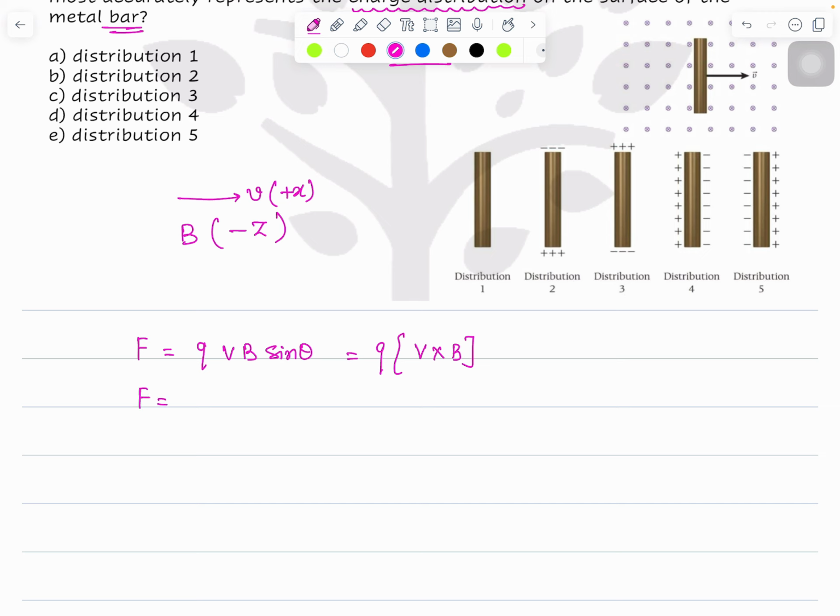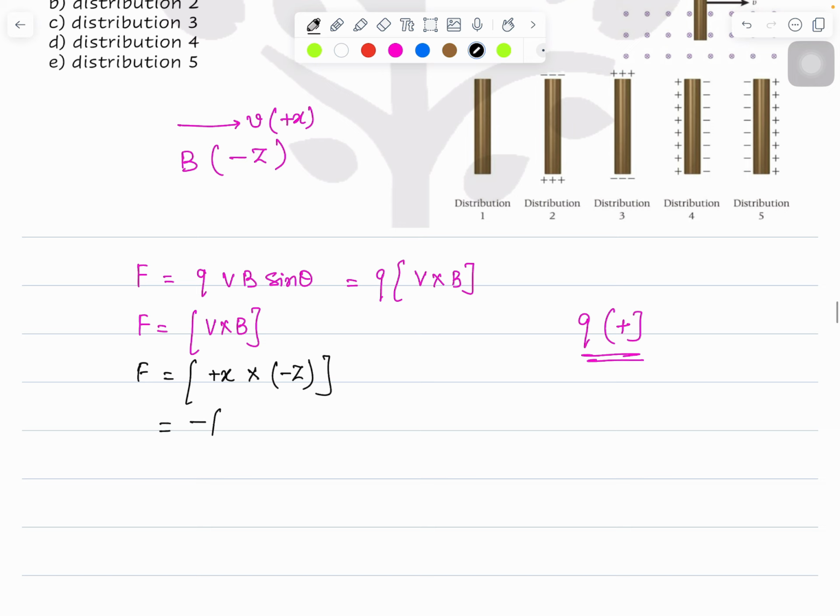F equals q, I don't know, but I am considering the positive charge, because whenever the result is force, it is applicable on the positive charge. So V cross B. Put their values, put their directions. So F equals, what is V here? Positive X, multiplied by negative Z. Take out the negative outside. So X cross Z is negative Y. So what is the total result?